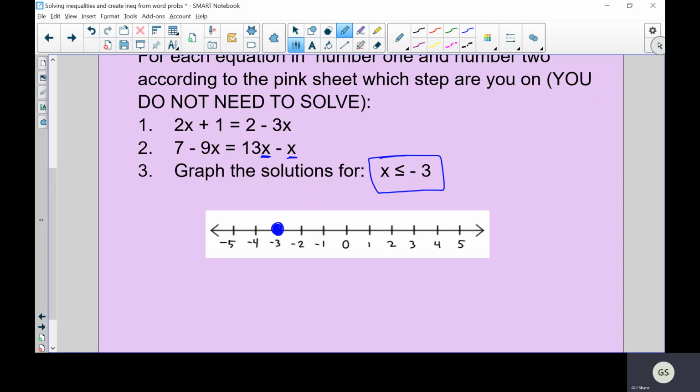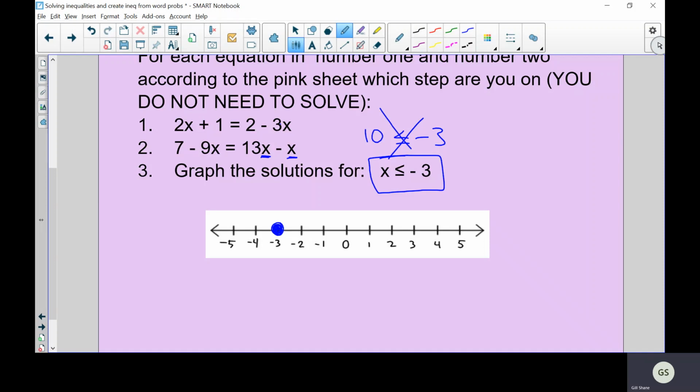All right, well, if I'm testing the number 10, is this a true statement? Is 10 less than or equal to negative 3? Oh, it's not a trick question. I'm just testing 10 to see whether or not it works. It doesn't work. That is not a true statement.